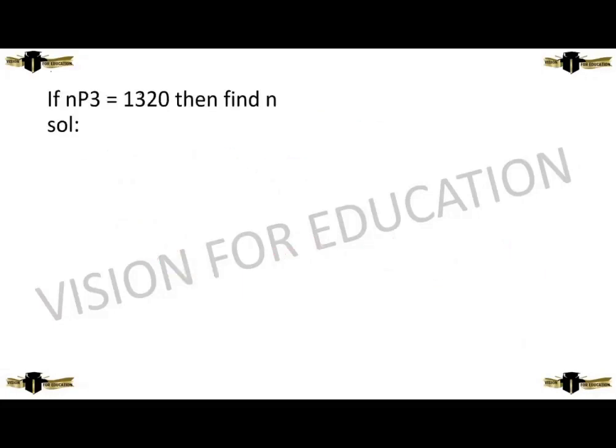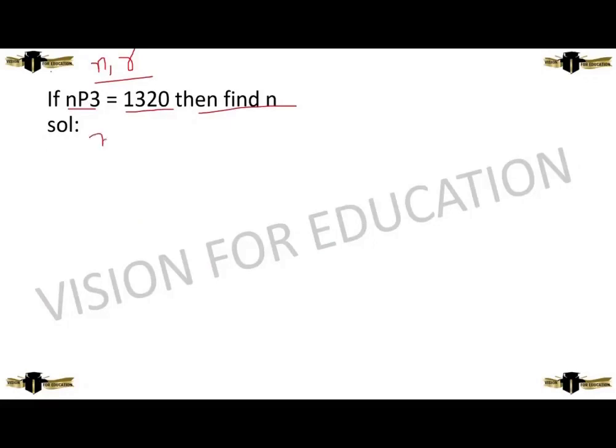Now from here onwards, we are going to see how we find n values and r values for the given problems. Coming to our first example, nP3 is equal to 1320. Then find n.